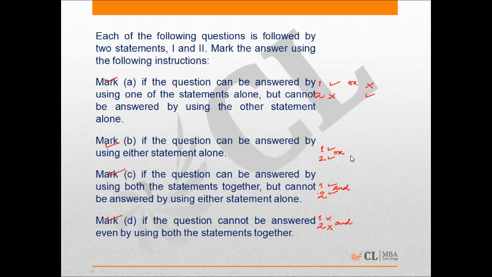Now, remember this, you can get to either the C marking or D marking only when the first or second marking is not possible. So you cannot get A as the answer as well as C as the answer. Okay, so let's proceed to the next question.